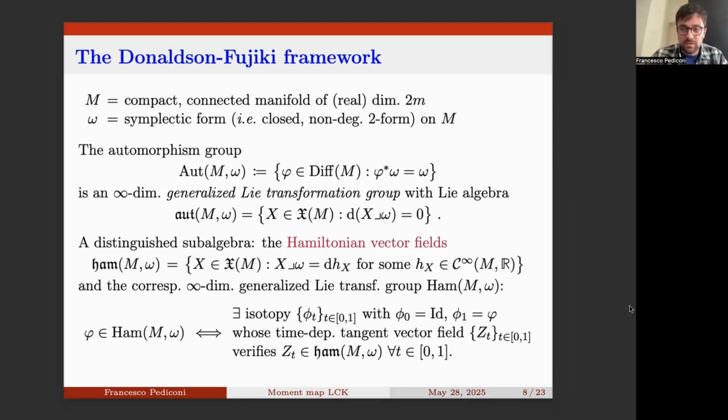It can be checked that this defines a well-defined infinite dimensional Lie group, and this is going to play the role of our symmetry group for our problem.